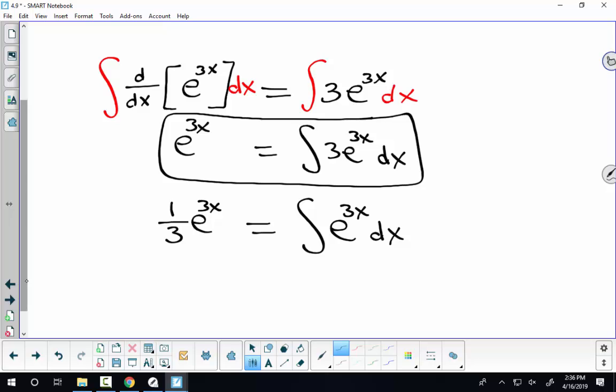So maybe that, yet again, shows us that they are reverse processes of each other, right? If I say take the derivative of e to the 3x, you say it's e to the 3x multiplied by 3, but the antiderivative of e to the 3x is e to the 3x divided by 3. It's the reverse process of the derivative.